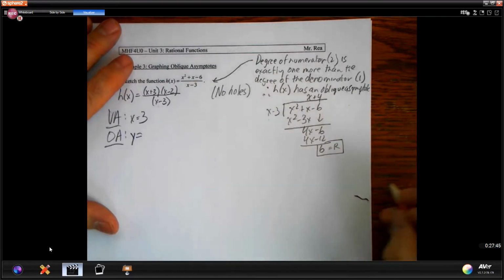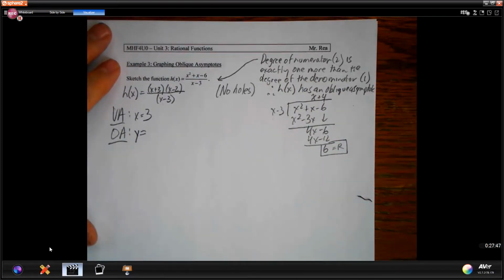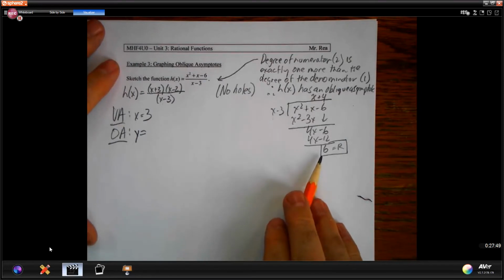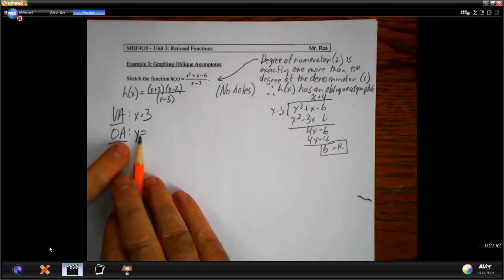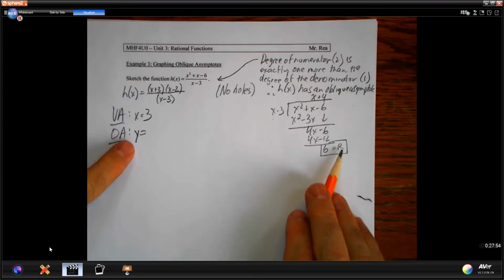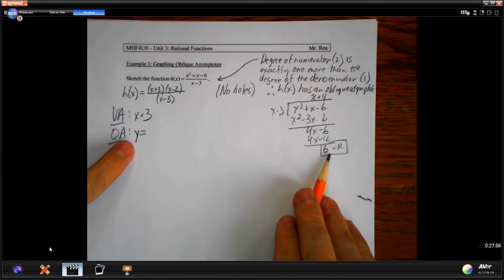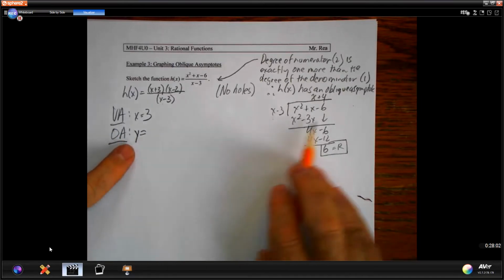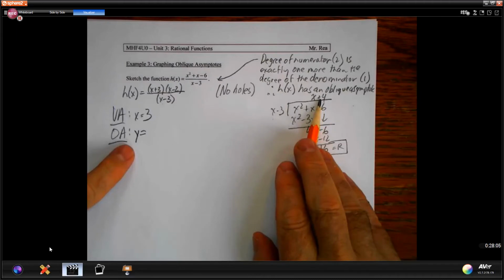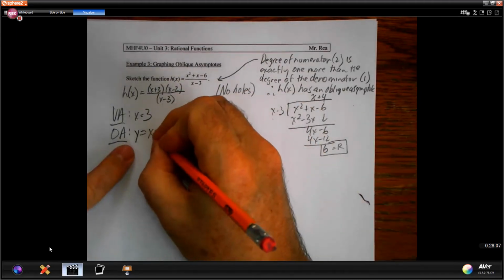Okay, so in terms of the equation of the oblique asymptote, we don't include the remainder, but we will state the remainder because that's going to be useful later. As far as the equation of the oblique asymptote, it's just the whole part that's up here. So this is y equals x plus 4.